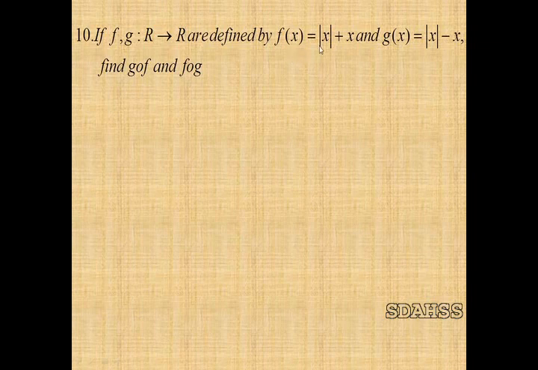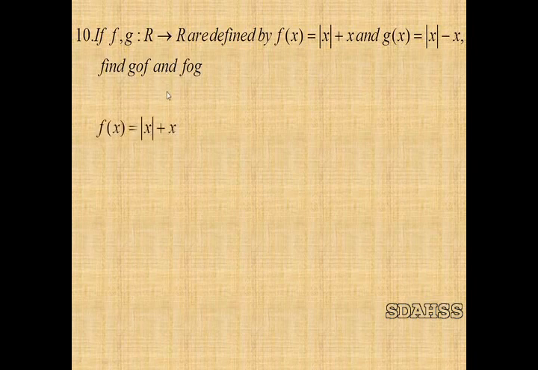f of x is equal to modulus of x plus x. Modulus of x can be written as plus x or minus x. Plus x means x greater than or equal to 0. Minus x means x less than 0.